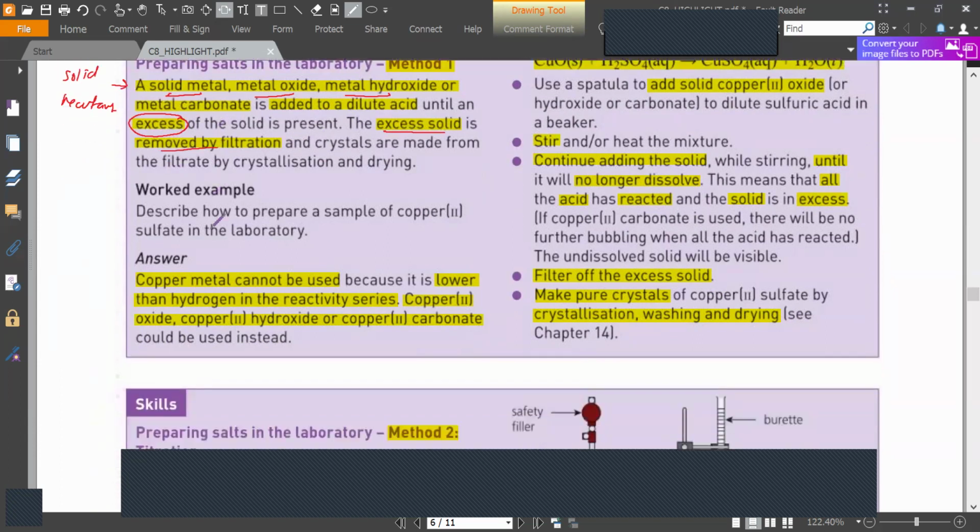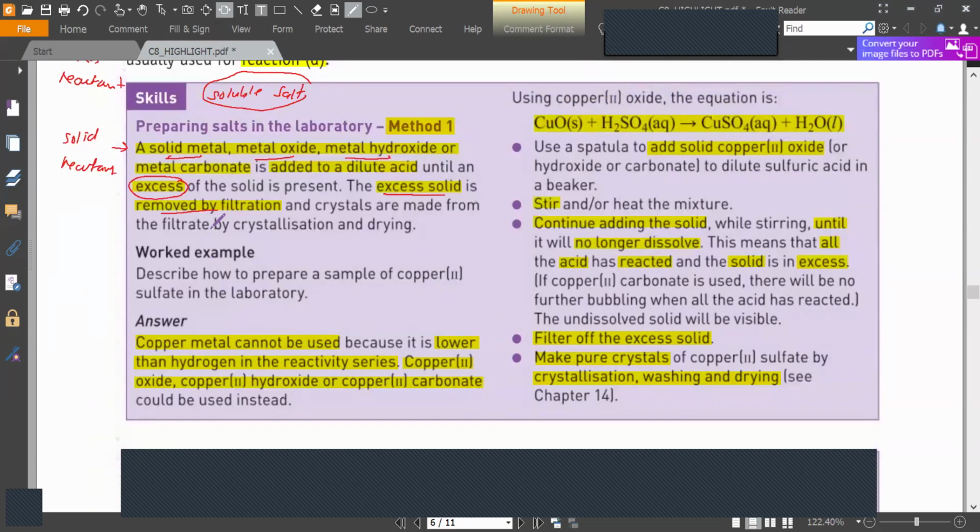Another key point: copper metal cannot be used, but other metals like zinc and iron can, because copper is lower than hydrogen in the reactivity series. This one we will learn later. Copper(II) oxide, copper hydroxide or copper carbonate can be used.